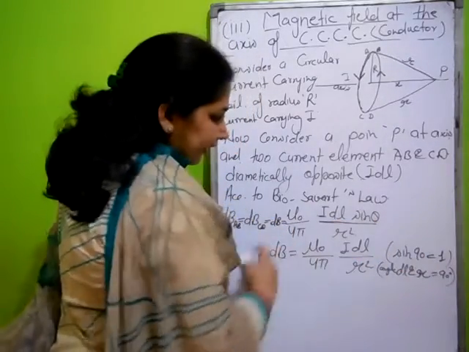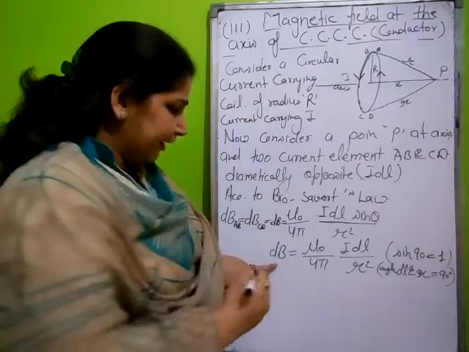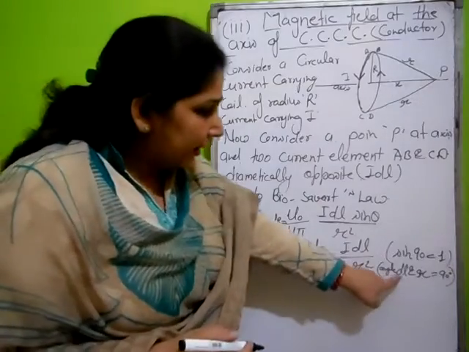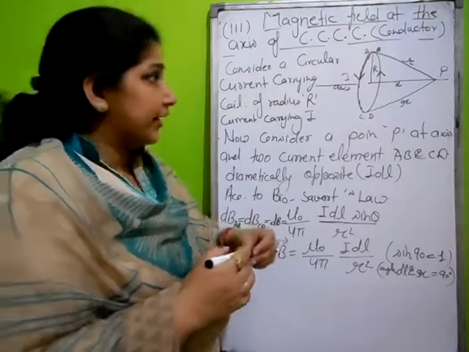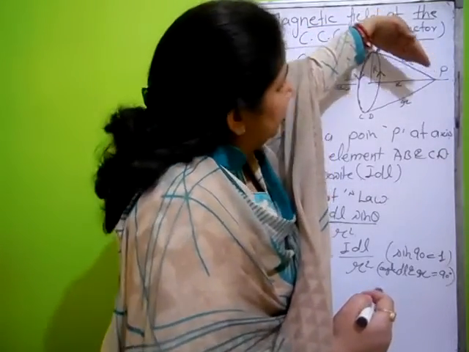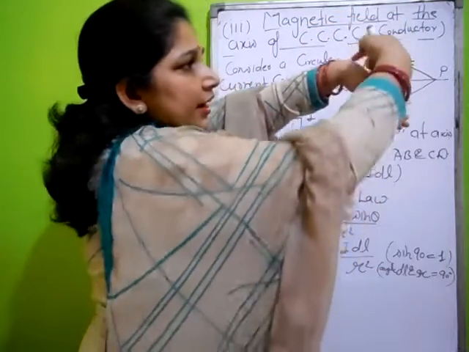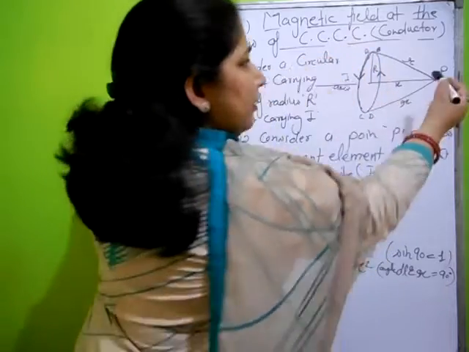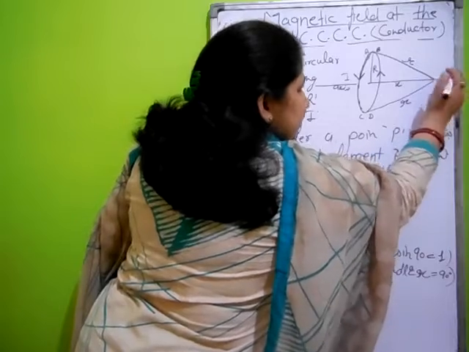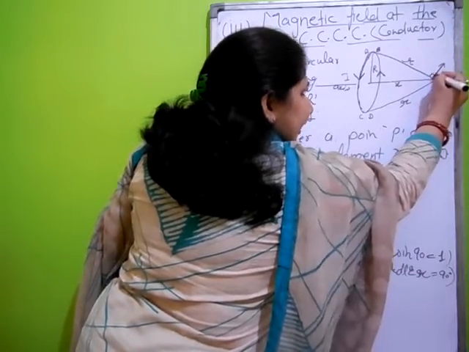Then we have the magnetic field. What about the direction? As we know, the induced magnetic field is always perpendicular to the dl-r plane. Here dl and r lie in this plane, so the magnetic field dB is perpendicular to this plane, in this direction, at a 90-degree angle.